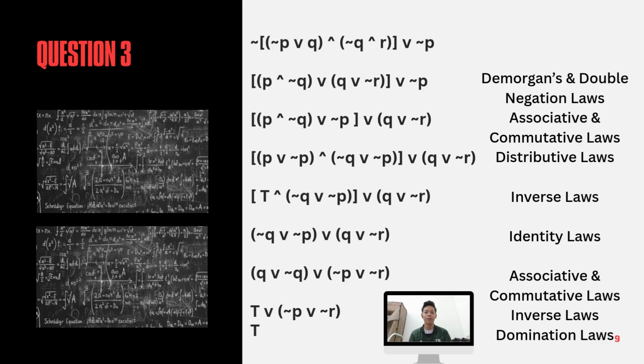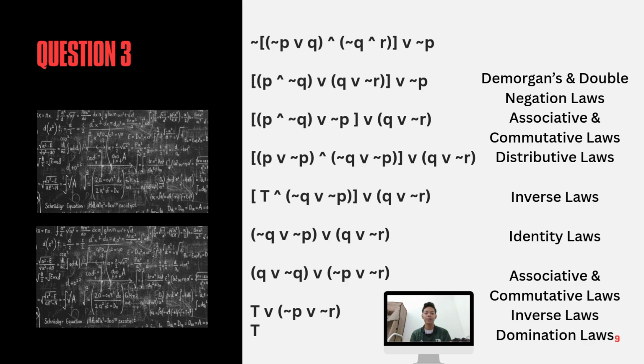We distribute or not P into the bracket. This gives us P or not P, and not Q or not P. Here is the magic. P or not P is always true. That's the inverse law. Since true and anything is just anything, we use the identity law to remove the T.